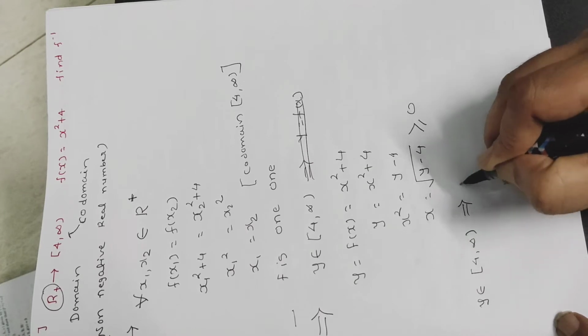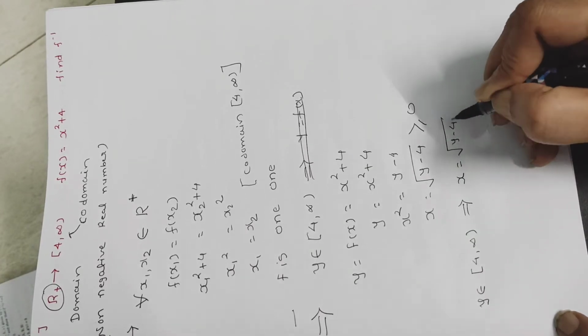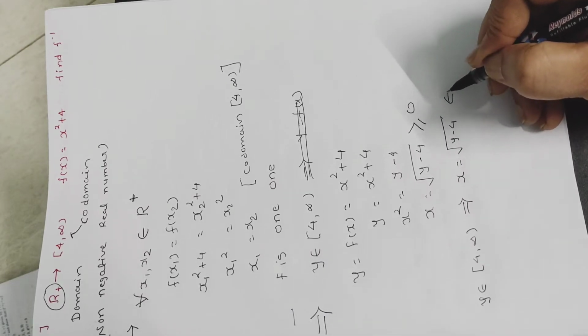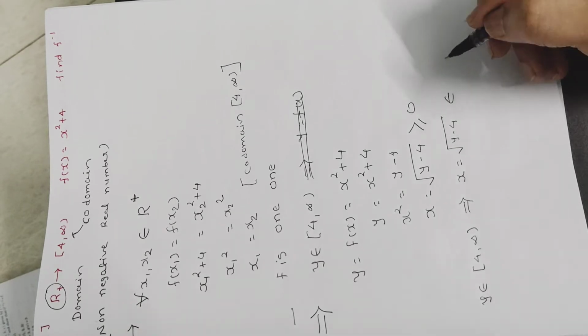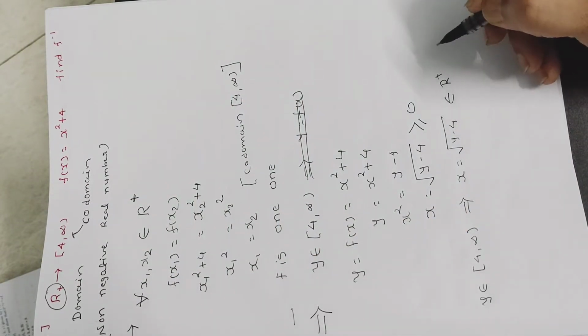For that, x is equal to under root y minus 4, which belongs to the domain, so x is R positive.